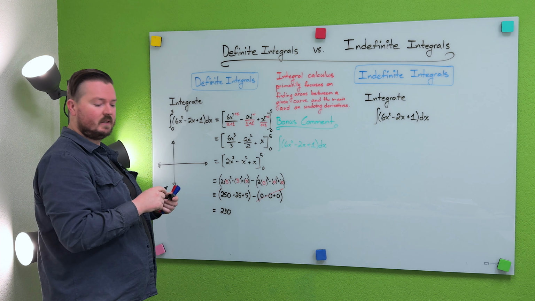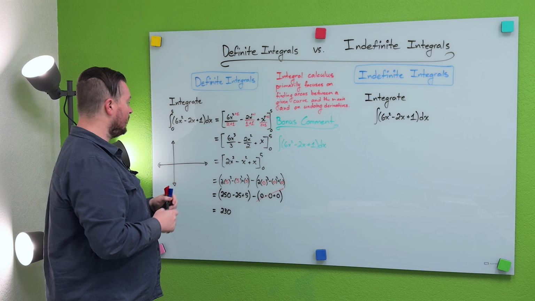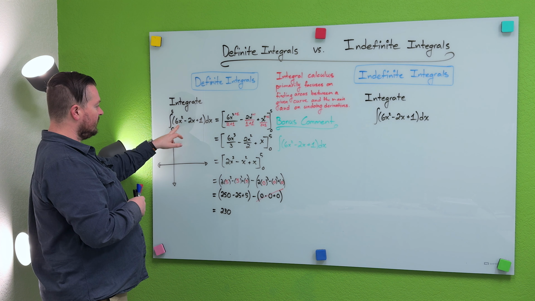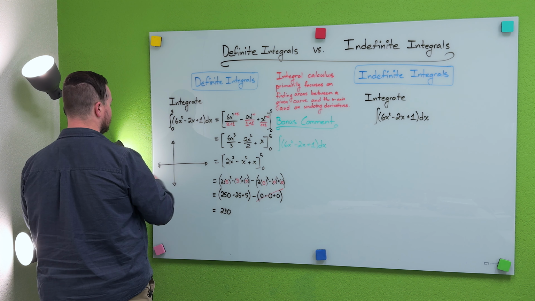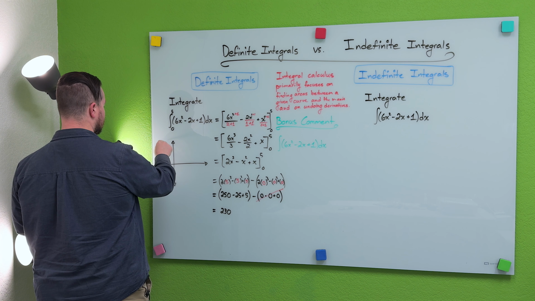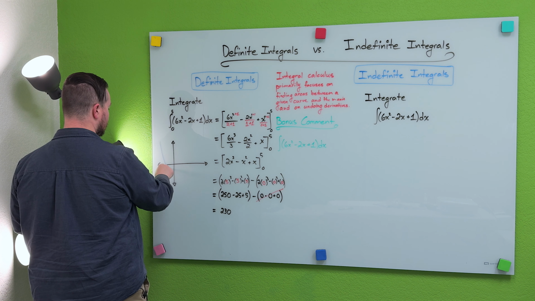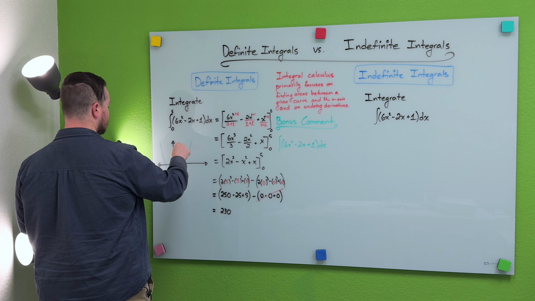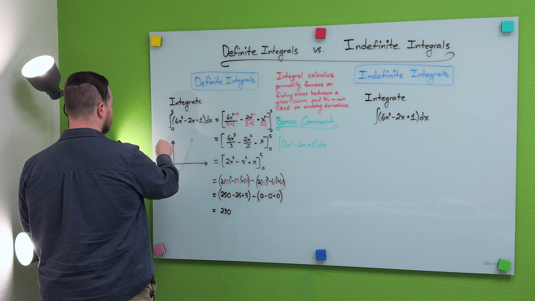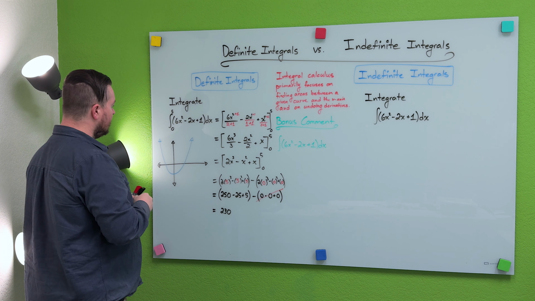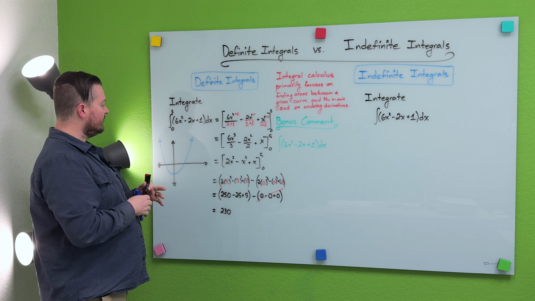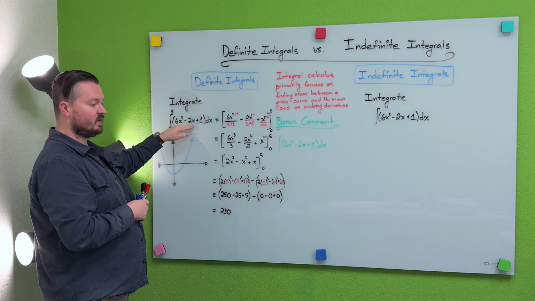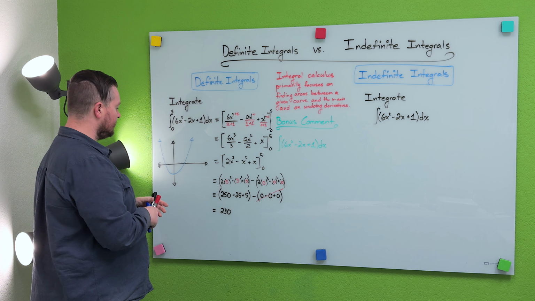I know this is a parabola and it opens upward, but I'm just going to draw a quick parabola that goes down like this and like this. So what this integral gives us is the area between this curve and the x-axis.